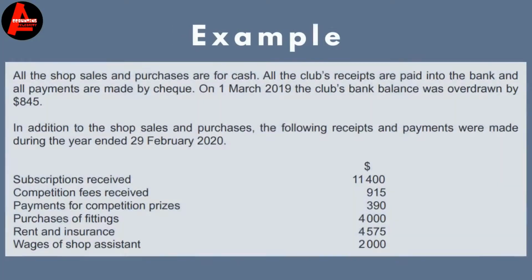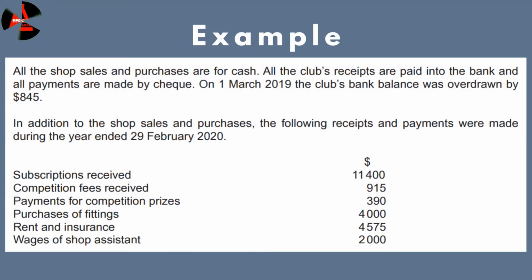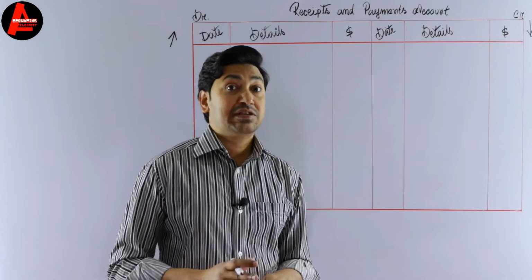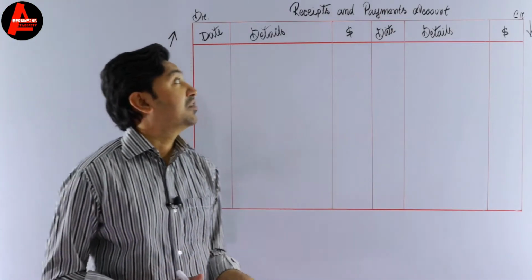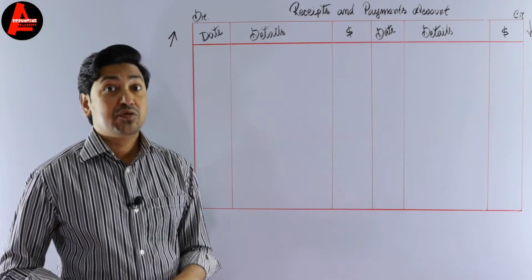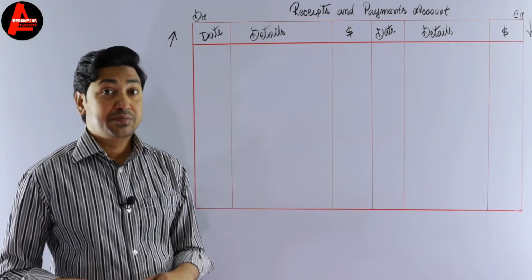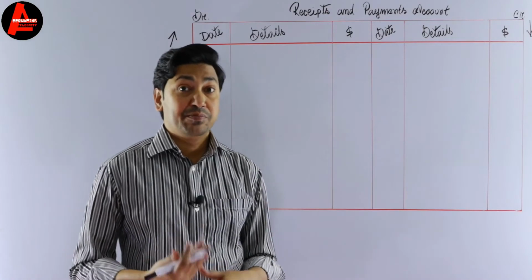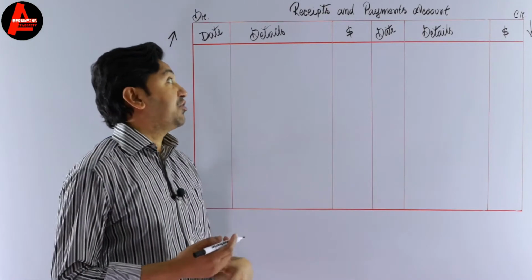Okay, very good. Then what is next? In addition to the shop sales and purchases, the following receipts and payments were made during the year ended 29 February 2020. Here the payments and receipts are given, and we will include them here. First of all we have to record balance b/d, meaning the opening balance. So let us write the date first.